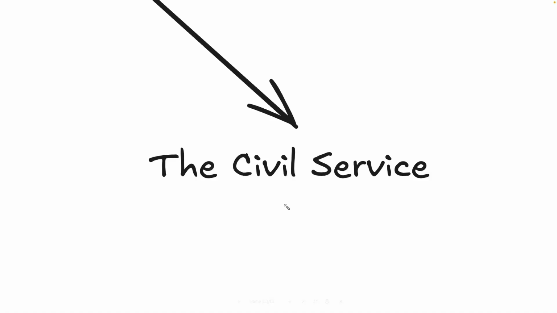So some of the basic tasks performed by the civil service include the paying of benefits and pensions, the issuance of student loans. For those of you who are at university, this is particularly important to you. The running of pensions, the issuing of driving licenses, all of these kinds of things, the day-to-day running of the things that you would be concerned with as a member of a government.